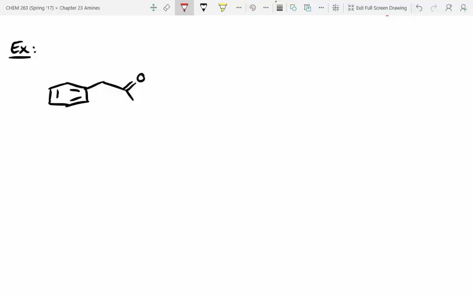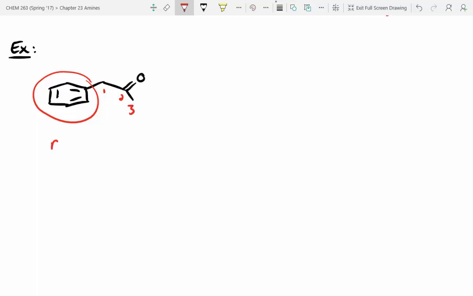So identify the longest carbon chain and treat the benzene as a substituent. Question is, should I number going 1, 2, 3? No, I would go 1, 2, 3. Is this a phenyl group, a benzyl group, a benzene group? How do we name this as a substituent?